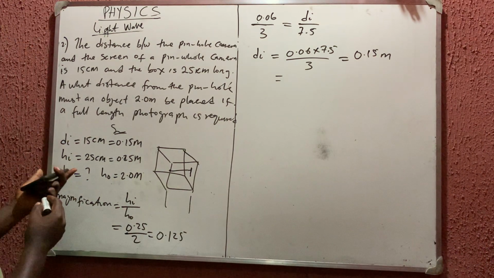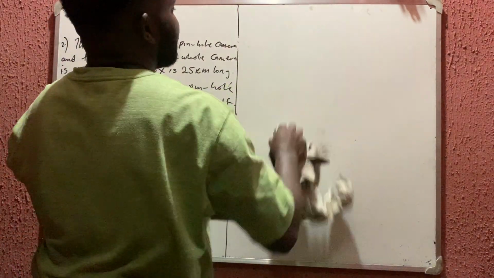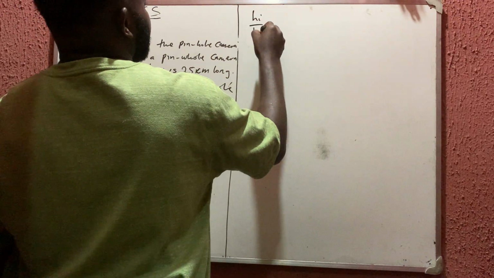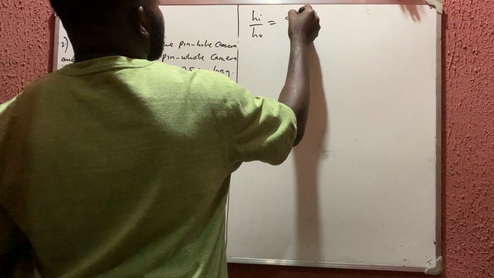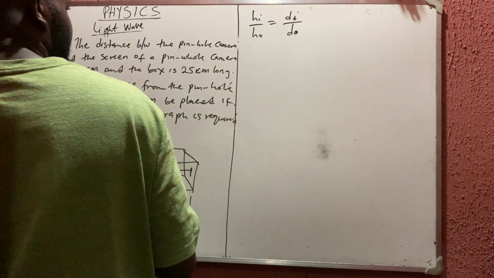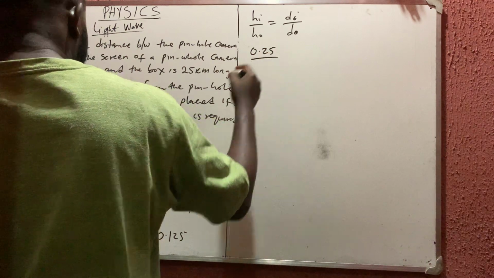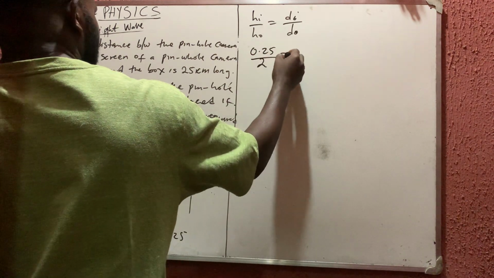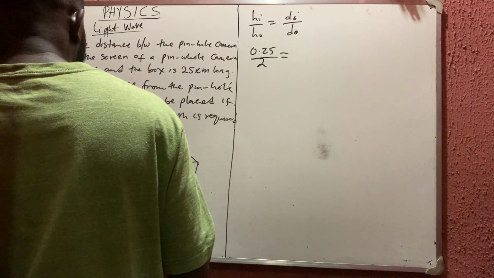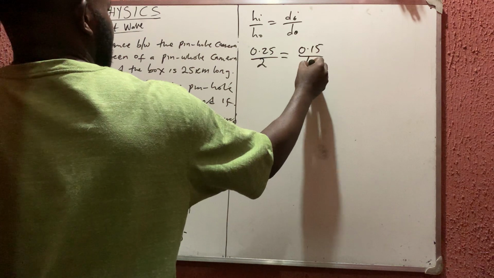Now if we use the formula that we know: the height of the image over the height of the object is equal to the distance of the image over the distance of the object. So we have 0.25 divided by 2 is equal to 0.15 divided by the distance of the object, which is what I'm looking for.